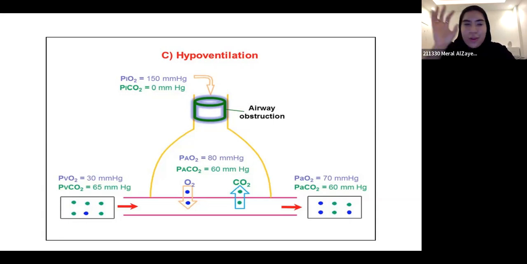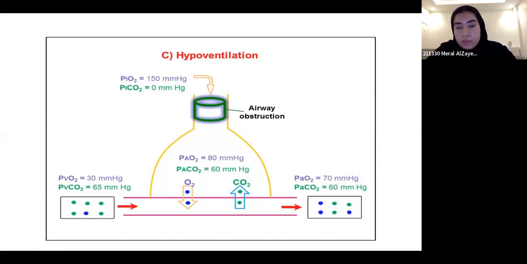The simple answer for now, and we'll discuss this later, is that shunts and VQ mismatch only affect the oxygen partial pressure and not the carbon dioxide partial pressure. We'll discuss the reason later. For now, know that shunting and VQ mismatch only affect the oxygen partial pressure and not the carbon dioxide. Clear?